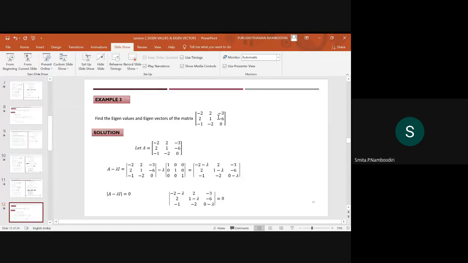The equation is going to be lambda cube minus (2 plus 1 plus 0, which is minus 1) into lambda square plus sum of the minors of the diagonal elements minus determinant of A equal to 0.